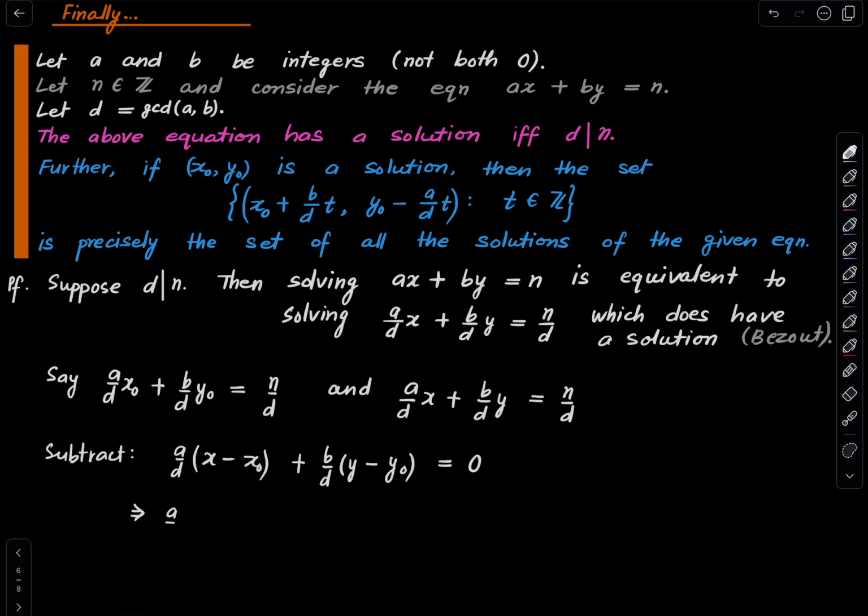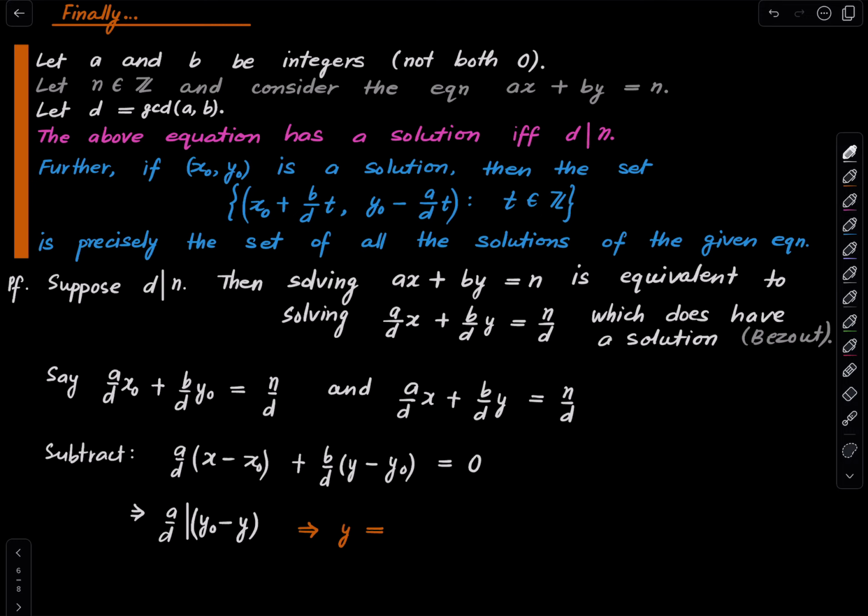It gives us that a by d must divide y minus y naught. A by d divides this guy, so it must divide that guy, but then it is relatively prime with b by d, so it must divide this guy by the dropping property, and therefore you can write y as, let me write this as y naught minus y. It doesn't change anything. It's just to be compatible with the blue thing. It is exactly the same statement as the previous one.